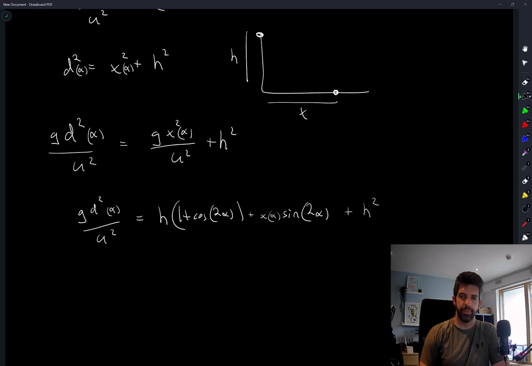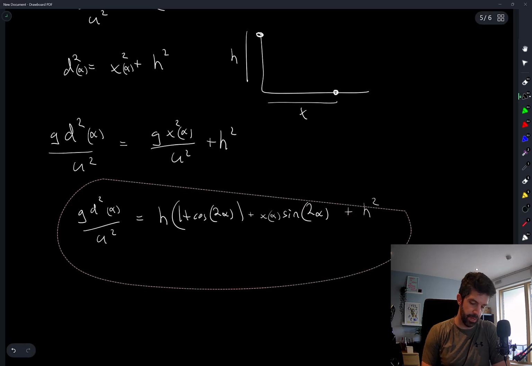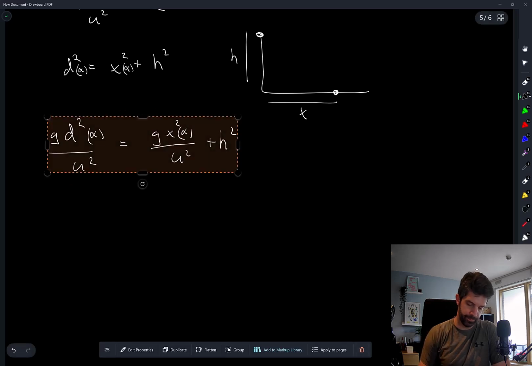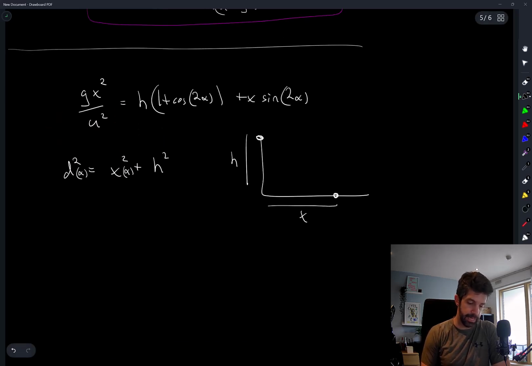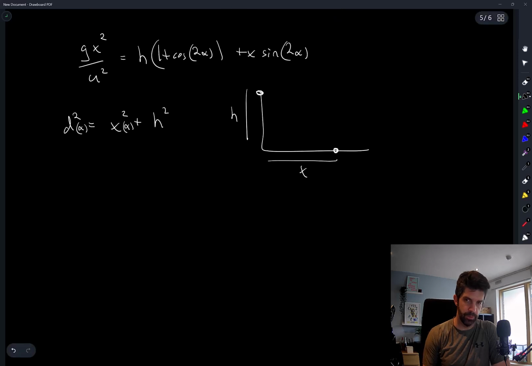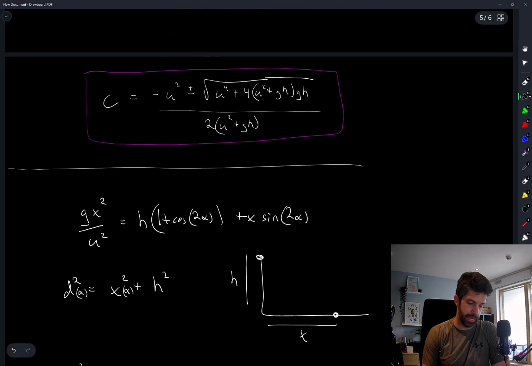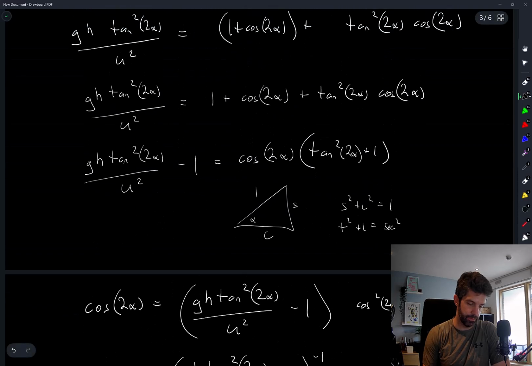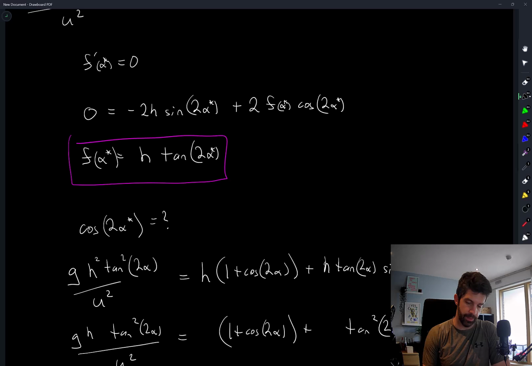Well, hold on. The greatest value of d is going to correspond to the greatest value of x. Of course. Maximizing d is the same as maximizing x. So then we have d squared. The maximum value of x satisfies, ooh, where is it? This.